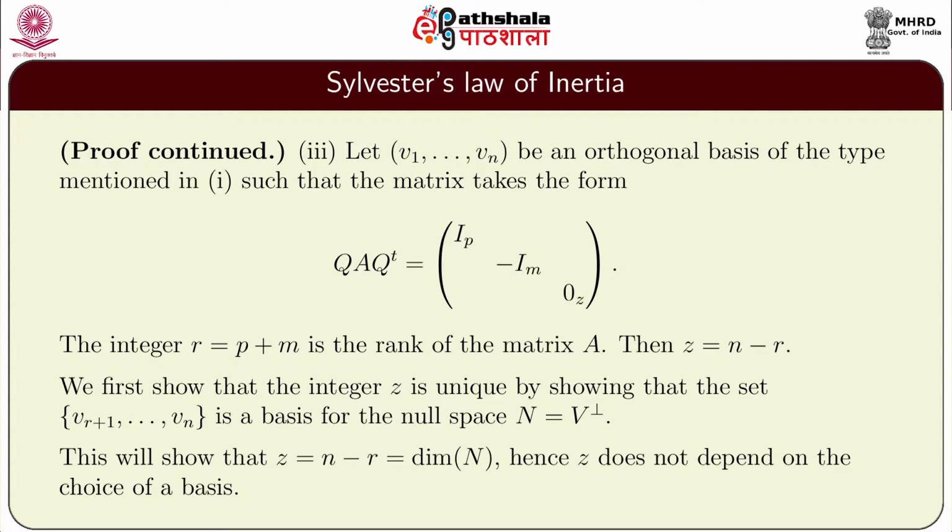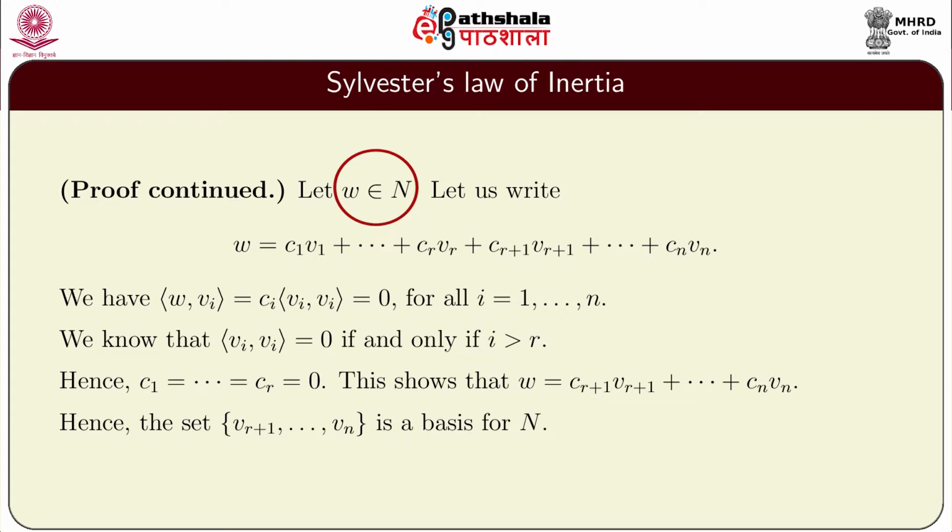And then this will show that Z, which is n minus r, is the dimension of this null space N. Therefore, the integer Z does not depend on the choice of a basis, because the null space is associated to the symmetric bilinear form, and therefore, the dimension of the null space is of course independent of the choice of basis, which would show that the integer Z is independent of the choice of basis. Let W be a vector in the null space N.